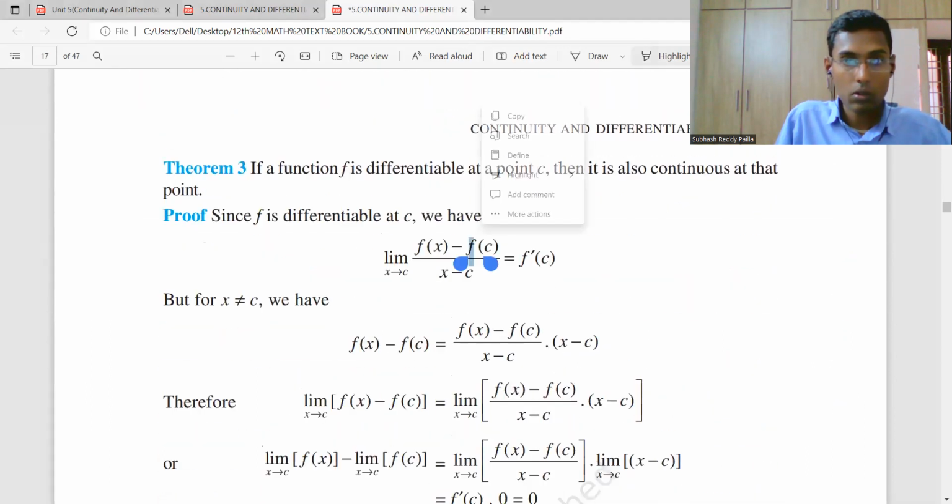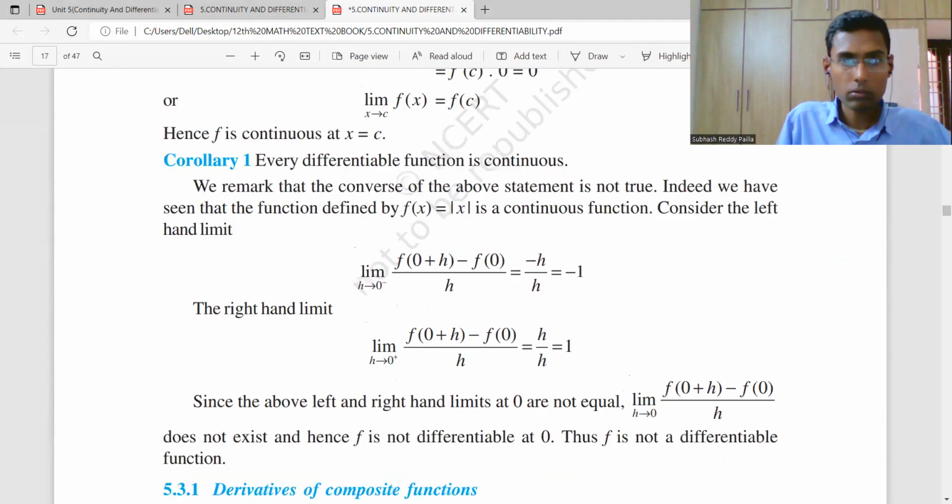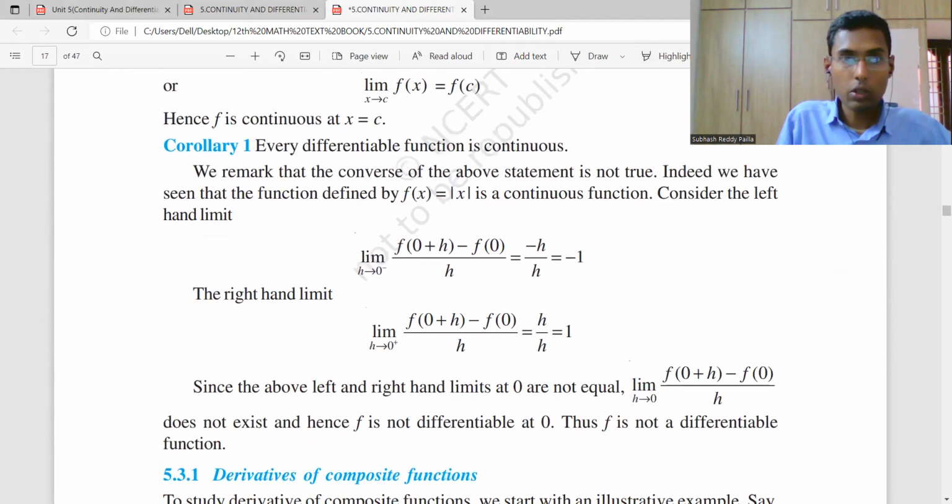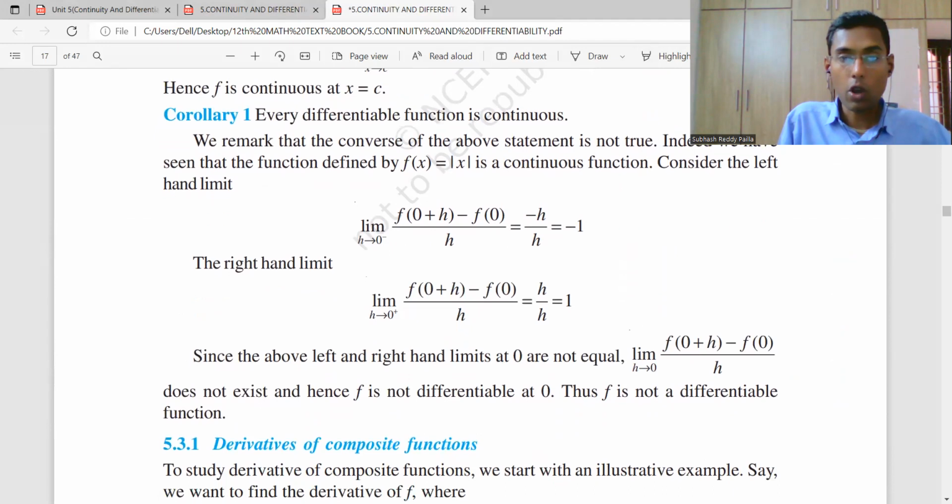We also see every differentiable function is continuous. I gave the example of mod x, which is very, very important, because mod x is the function which is continuous but not differentiable.